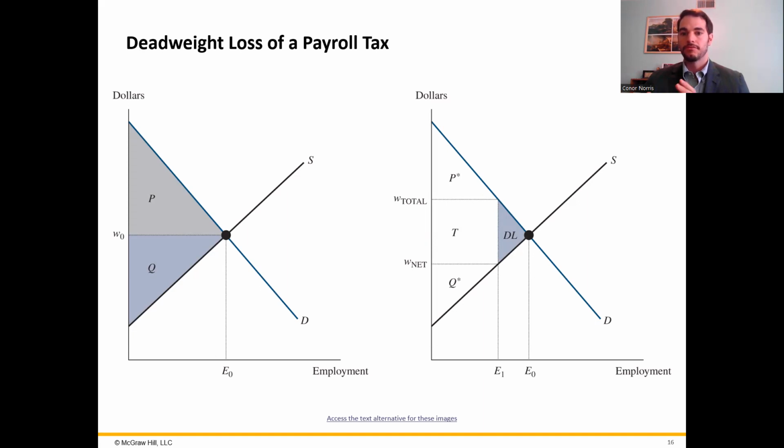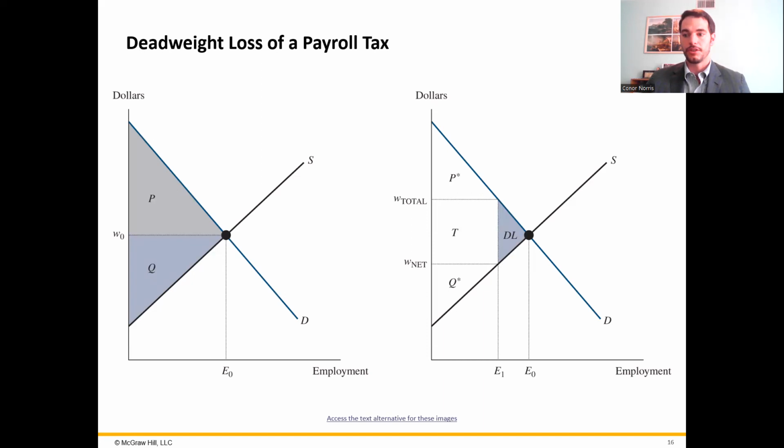So when we, in this case, create a payroll tax, or do anything to knock the economy out of equilibrium, to change the supply and demand conditions, both producer surplus and consumer surplus are reduced. In this case, for the payroll tax, some of that producer and consumer surplus no longer goes to the consumer and the producer, but goes to the government in the form of the tax.